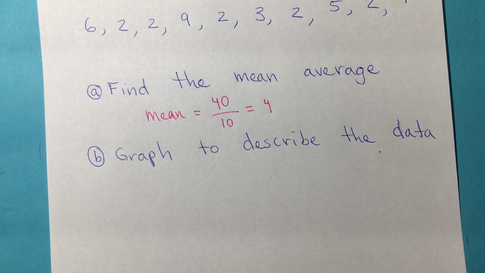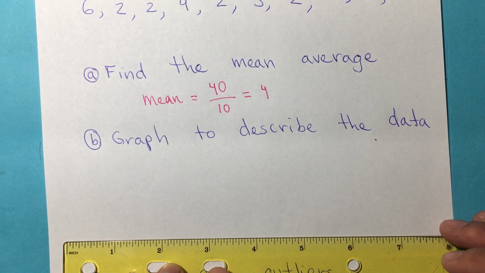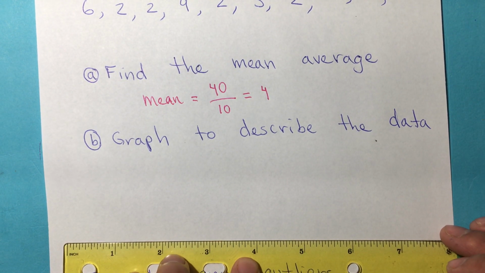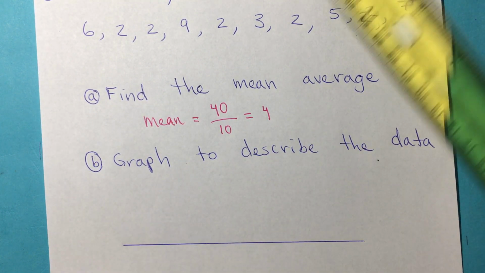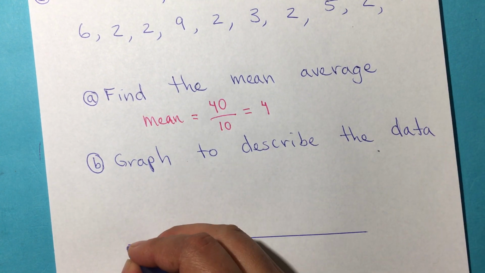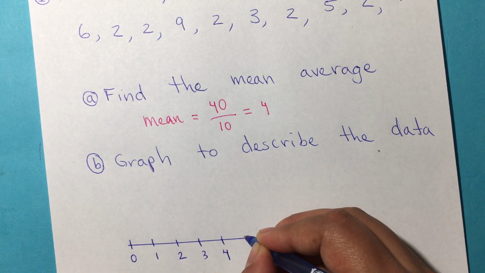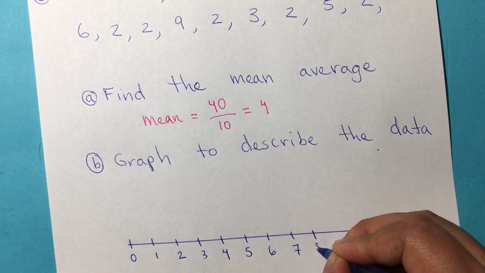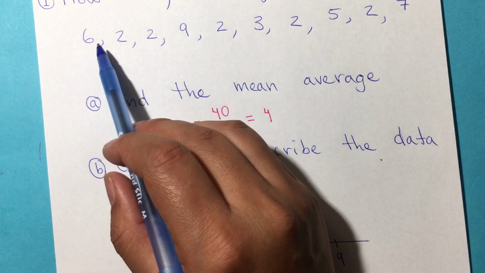For the next part, it says graph to describe the data. And so what we're going to draw is a number line in here. And you're going to put here 0, 1, 4, 5, 8, 9, and we'll place a cross for each number.